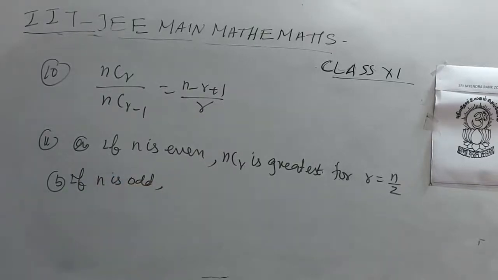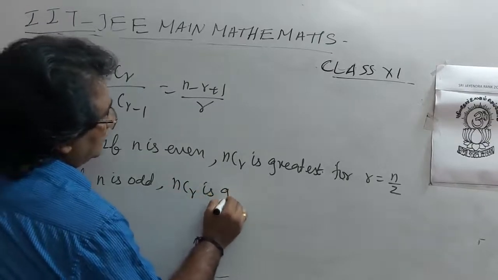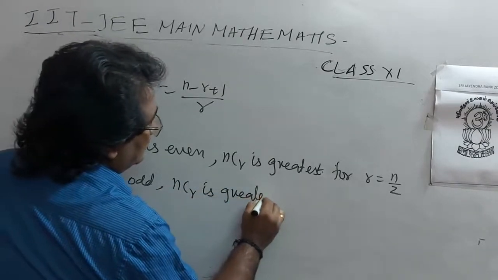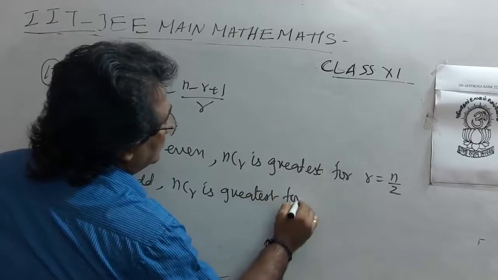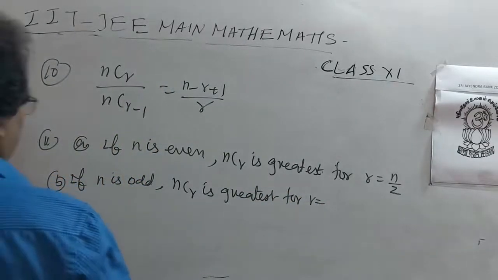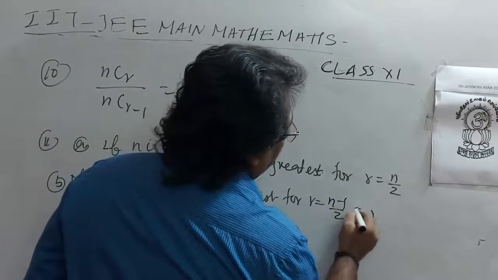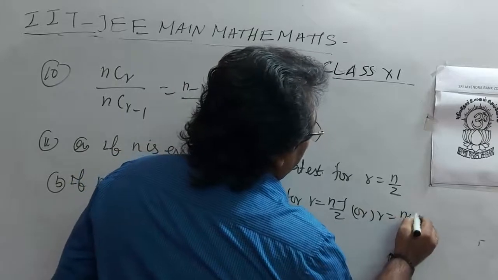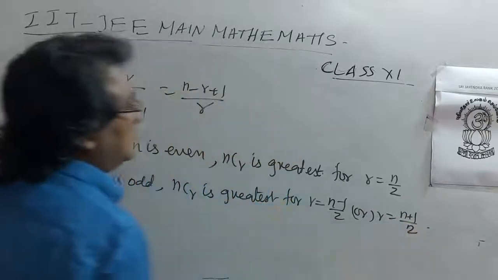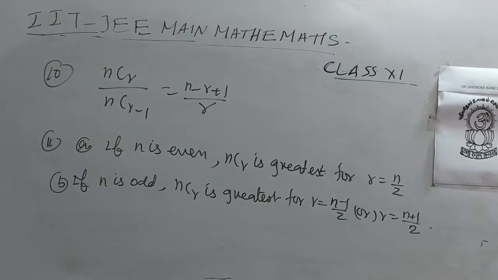If n is odd, for r equals (n minus 1) by 2 or r equals (n plus 1) by 2.